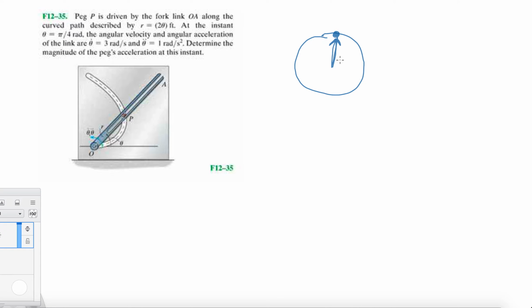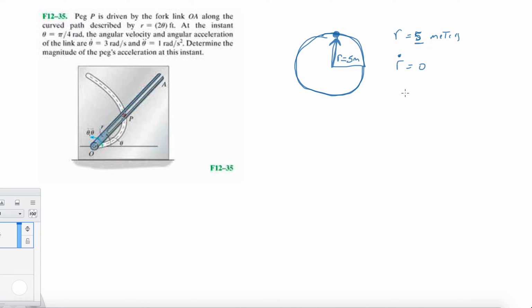I know my drawing is not really a circle, but let's say they're telling you the radius is 5 meters. When we take the time derivative of that, it's just constant because it's going around a circle with constant radius. So R dot and R double dot will be 0 when we take time derivatives of a constant.